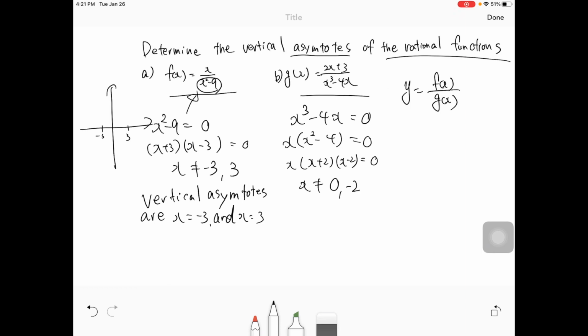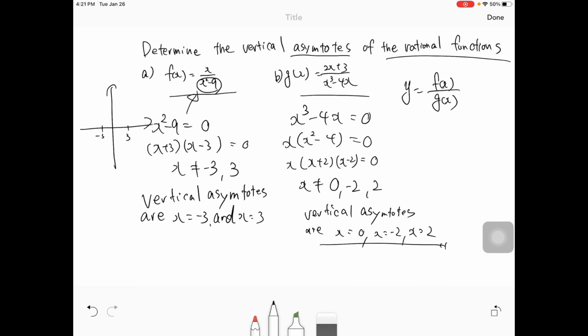So x cannot be 0, negative 2, or 2 in this function. This means the vertical asymptotes are x equals 0, x equals negative 2, and x equals 2, these three.